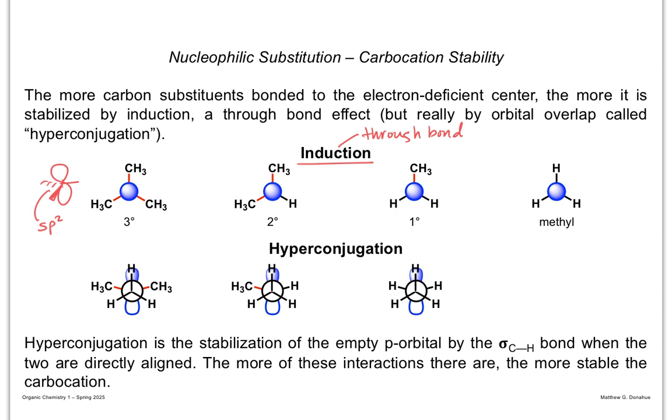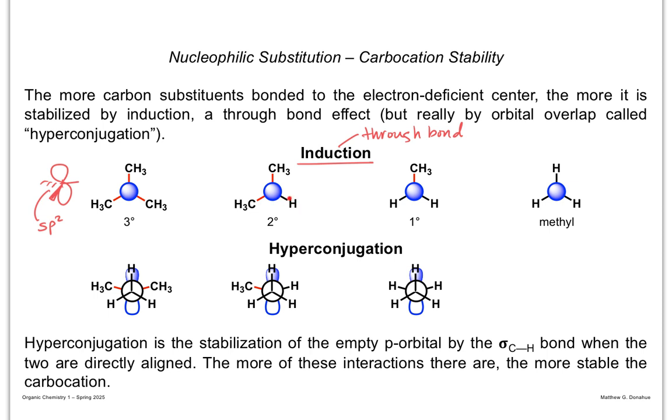Because a carbocation is a reactive intermediate, again, relative to where you started, it's higher energy. If it's higher energy, it's reactive. If you can stabilize it in any way, it's going to be easier to form. So as we go from tertiary to secondary, we remove a carbon, replace it with hydrogen.